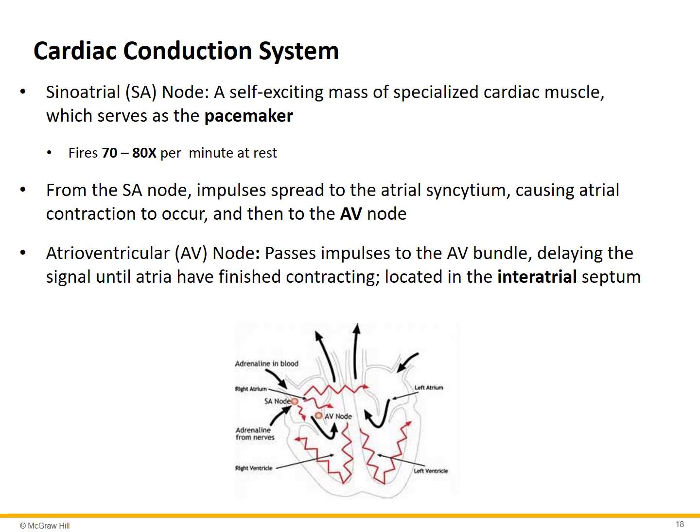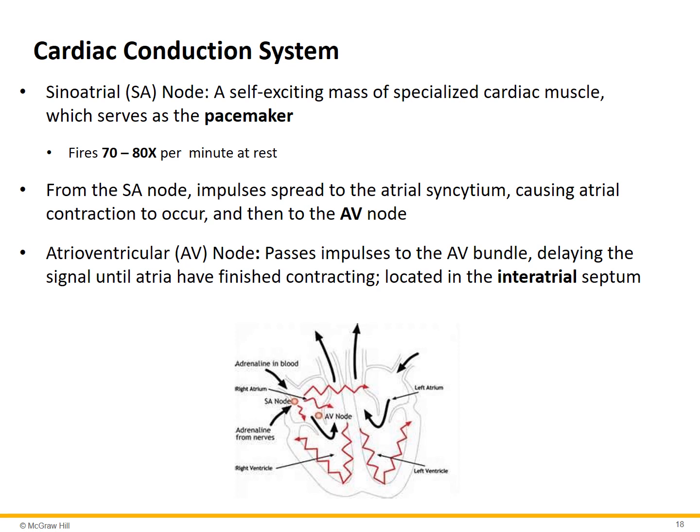So the cardiac conduction system: your SA node, sinoatrial node, is a specialized mass of cardiac muscle cells which serves as the pacemaker. If something happens and your SA node is damaged, they could actually put a pacemaker in place.